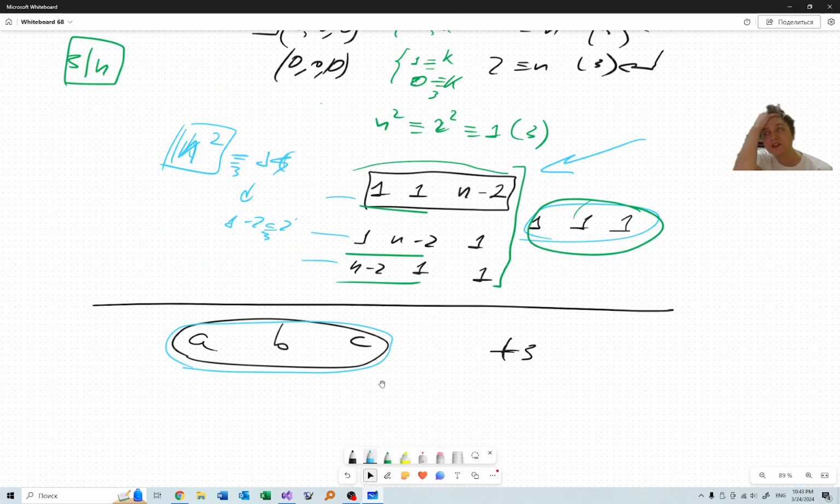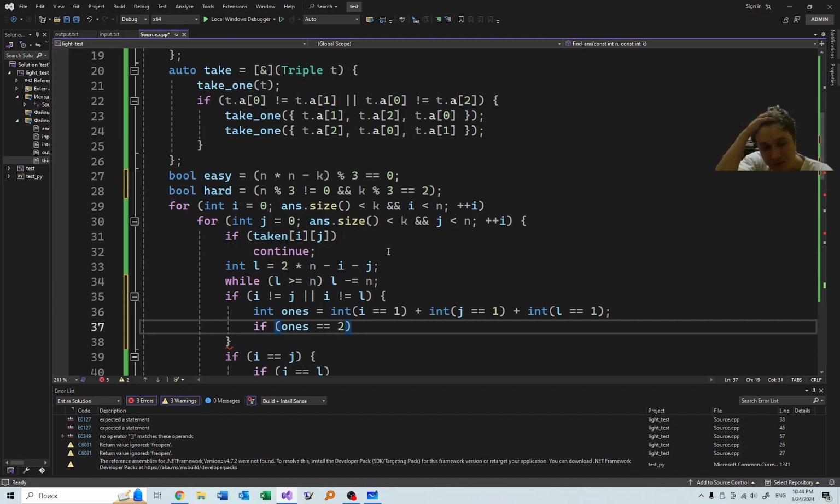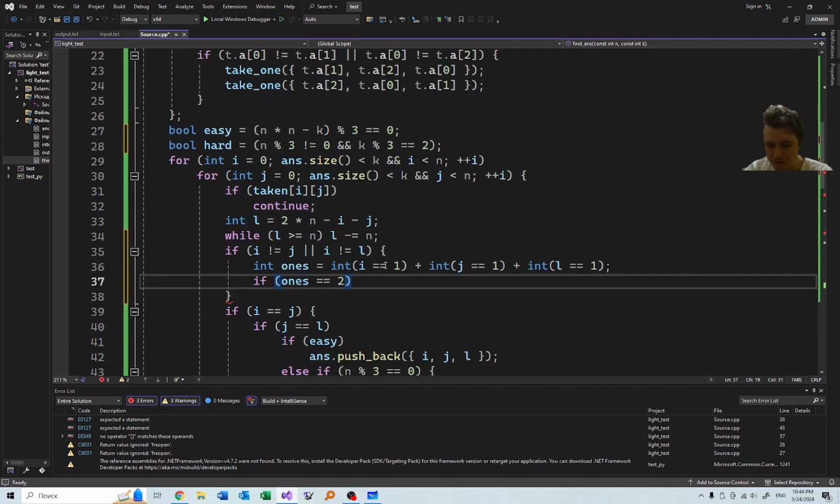And in this case, we need to skip. If we have two ones, then we also have to ignore n and n minus 2. We need to ignore n minus 2.